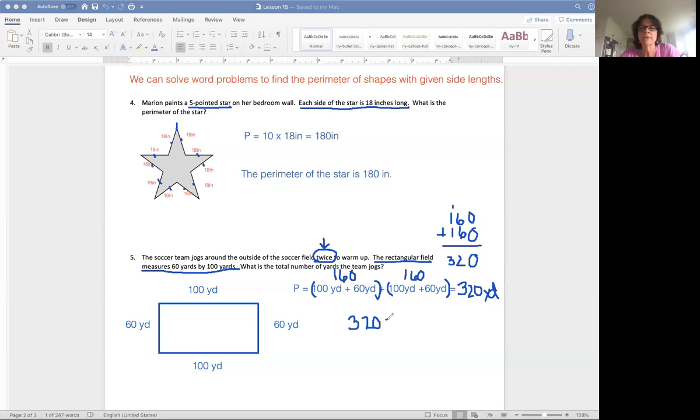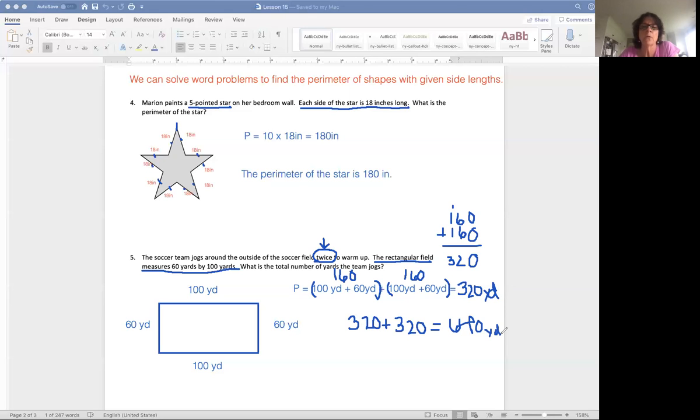But I'm just going to add 320 plus 320 because it's the same number twice. I could also write 2 times 320. Okay, and if I add 320 plus 320, maybe you can do that mentally. If not, again, do it over on the side of your page with an algorithm. So 320 plus 320 is 640. 640 yards.